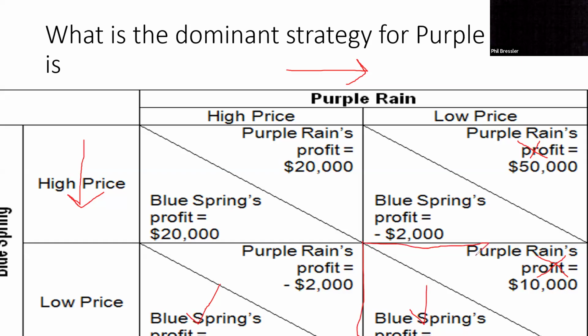All that means is there's no incentive for one of them to leave by themselves because they'll make less profit, or no incentive to cheat. They could also ask what would happen if Purple Rain and Blue Spring colluded. Then we'd go high, high, because that would be the most profit, 20 and 20. So the questions they could ask are dominant strategy, Nash equilibrium, and collusion. Those are the three questions they usually ask in game theory.